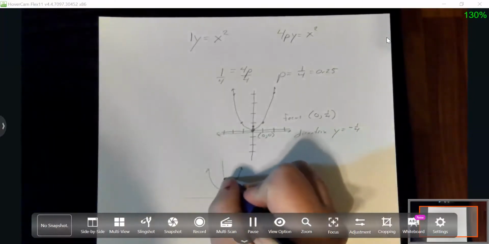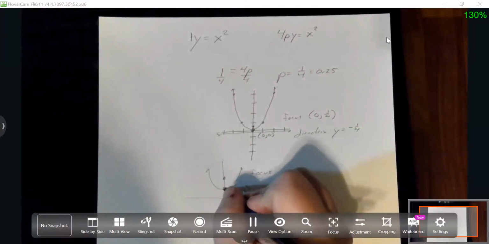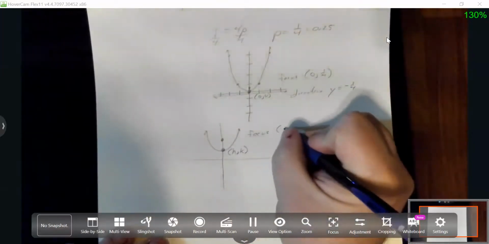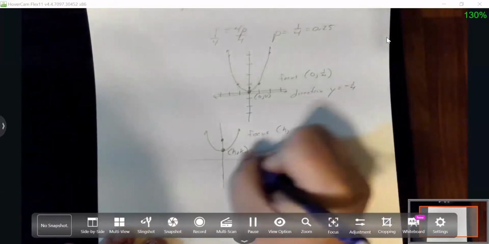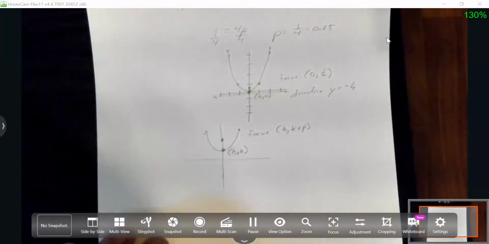Then if we want to find the focus, it is simply going to be moved up p units from our vertex, from our h and k. So my focus then is going to be the same x value as the vertex, but just moved up that tiny bit, k plus p.